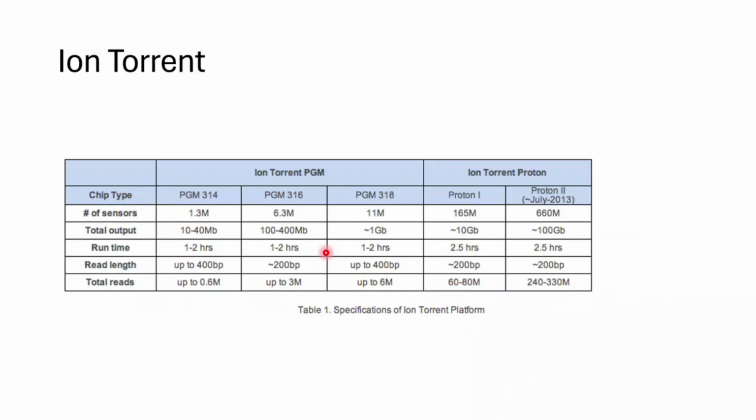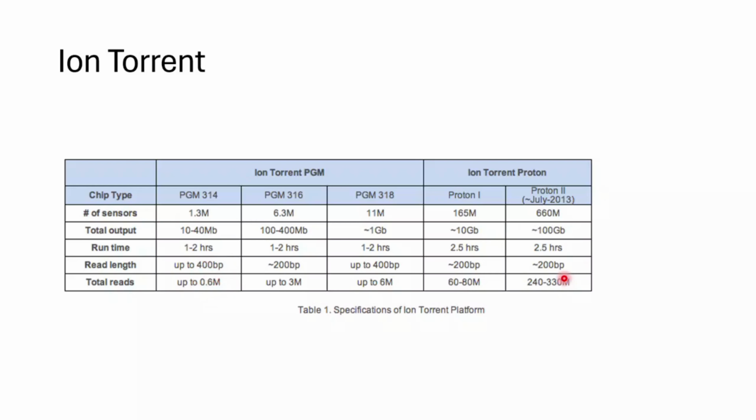These are just the evolutions of the chip that's being used. Basically, when they started, they had an output of about 40 megabytes of data. The runtime was about 1 to 2 hours, and you could read 400 base pair long fragments. That gave you up to 0.6, so 600,000 bases read from one single chip.